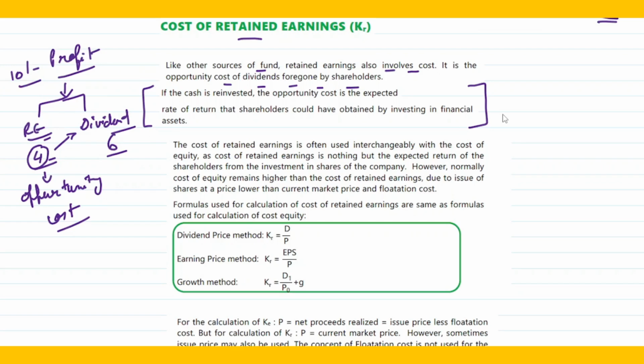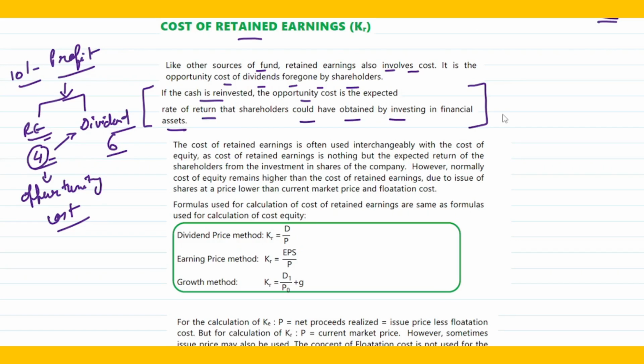So like other sources of fund, retained earnings also involves cost. It is the opportunity cost of dividends foregone by the shareholders. Now if the cash is reinvested, what is this cash all about? This cash, that is the retained earnings amount, if it would have been reinvested, the opportunity cost is the expected rate of return that shareholders could have obtained by investing in financial assets.